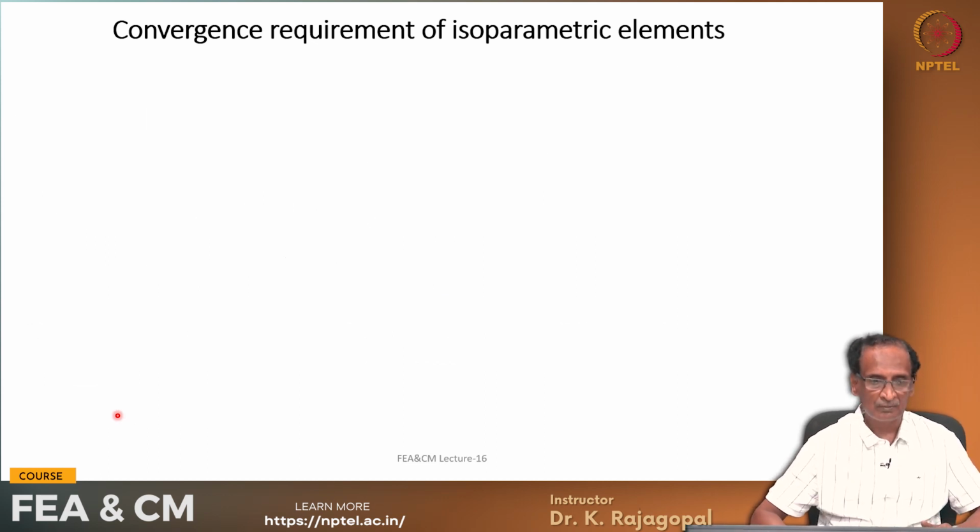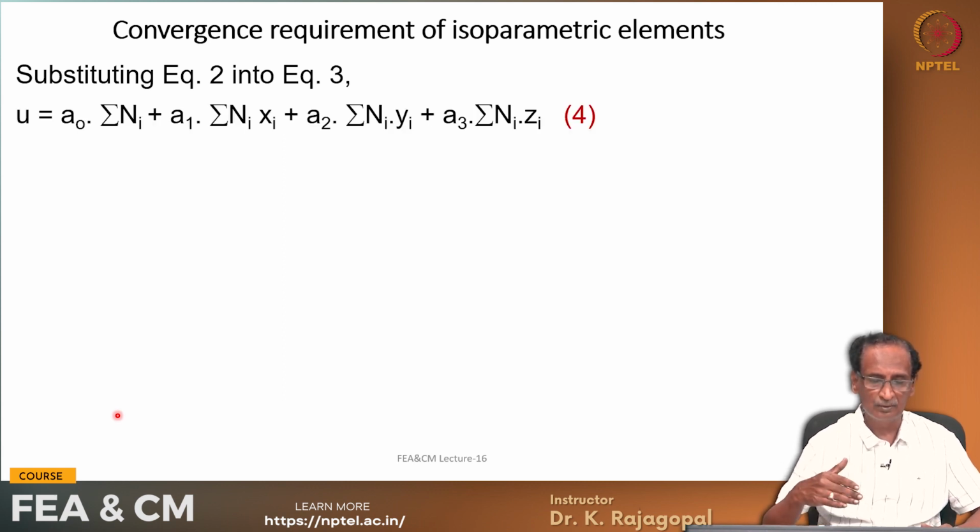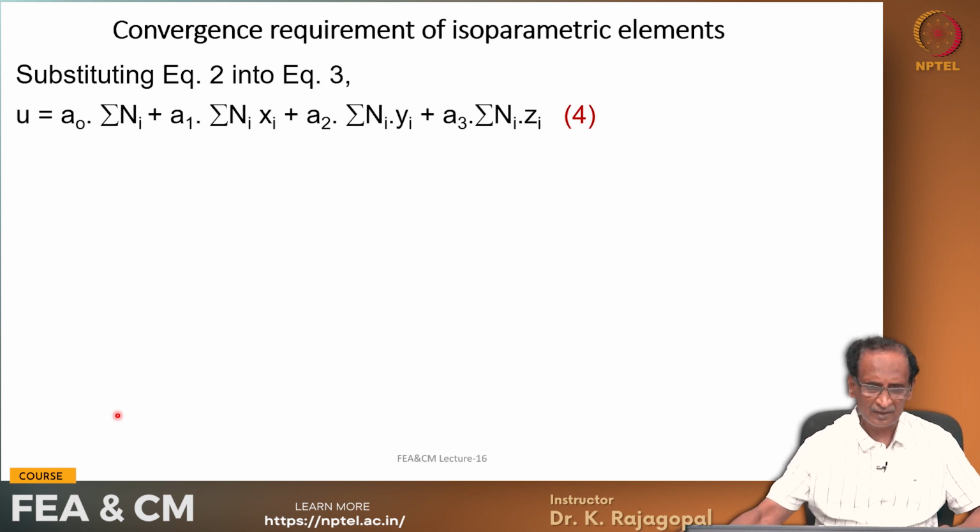If you substitute equation 2 into 3 in terms of the shape functions, we get the internal displacement as A0 sigma Ni plus A1 sigma Ni xi plus A2 sigma Ni yi plus A3 sigma Ni zi.